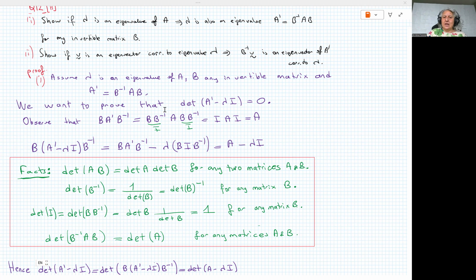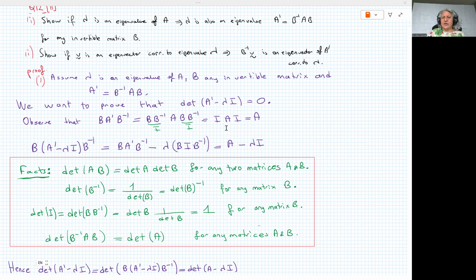Here B times B inverse is the identity matrix, and B inverse B is the identity as well. As we know, the identity matrix has ones on the diagonal and zeros elsewhere. It is an analog of the number one. If you multiply the identity matrix with any matrix, you get exactly the same matrix.